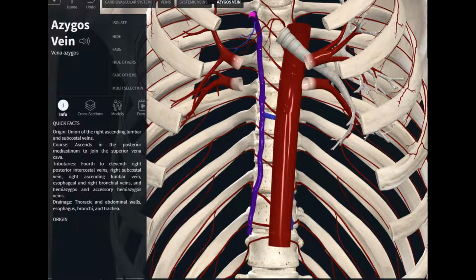The main thoracic aorta is the artery, and the vein counterpart of the thoracic aorta is known as the azygos vein. And the azygos vein receives all of the drainage from the superficial bronchial veins, and the deep ones go into the pulmonary veins.